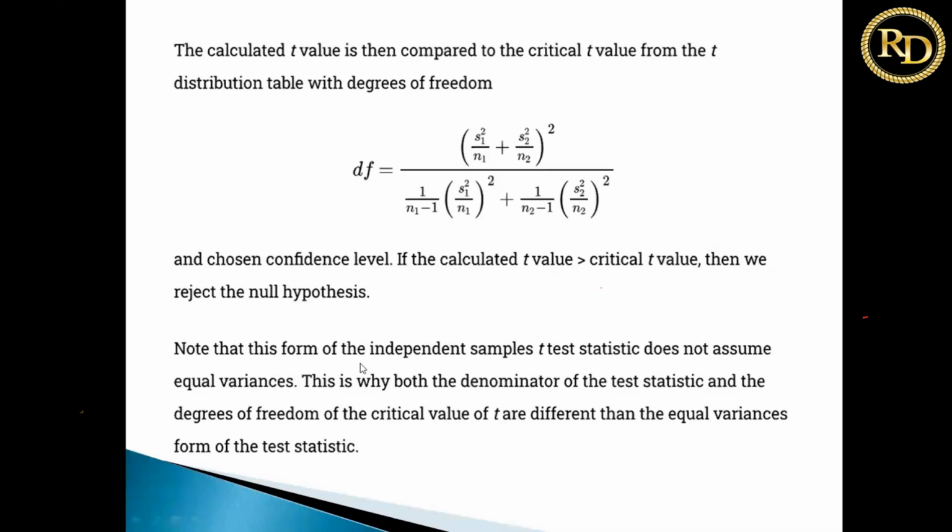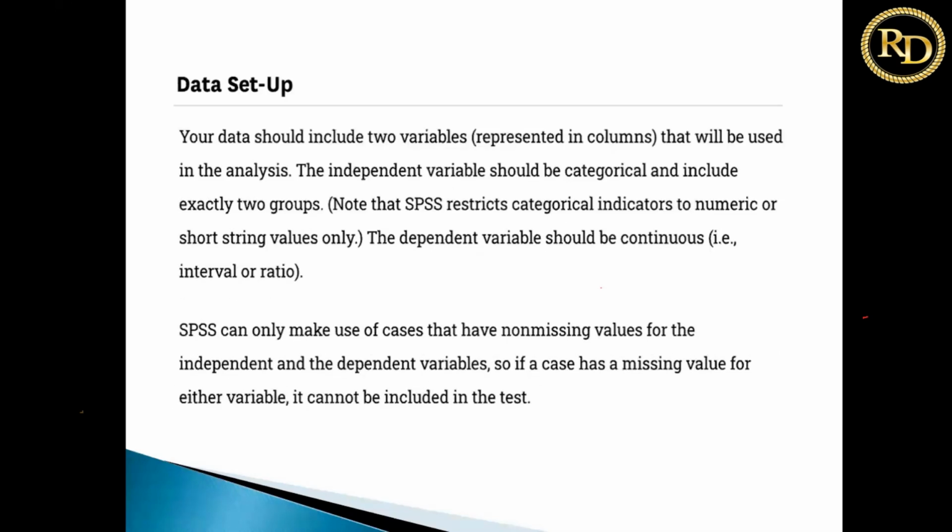Note that this form of the independent sample t-test T statistic does not assume equal variances. This is why both the denominator of the test statistic and the degrees of freedom for the critical value of T are different from the equal variance form of the test statistic. So it is different from the T value for the equal variance assumption.